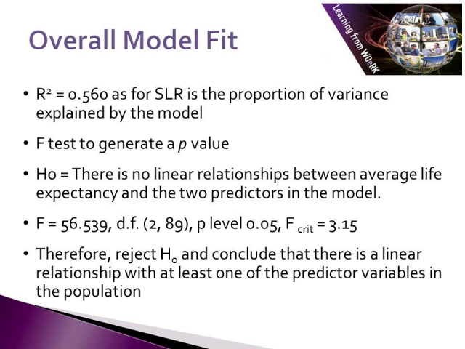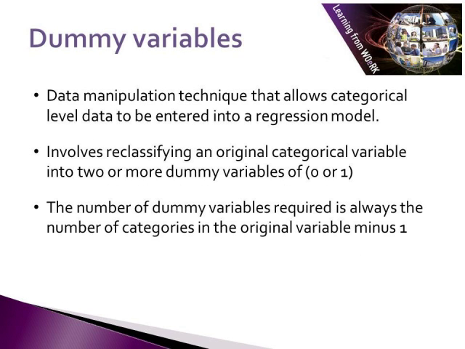As with simple linear regression, the assumptions of normality can be checked if we use a variety of residual plots that are available in statistical packages. Now we've talked a little bit about dummy variables as we've gone along. Generally when we're dealing with linear regression, we are dealing with data that is scale or continuous in form. We can use other forms of data, but we have to use dummy variables.